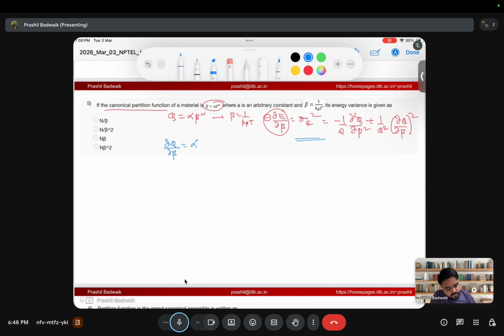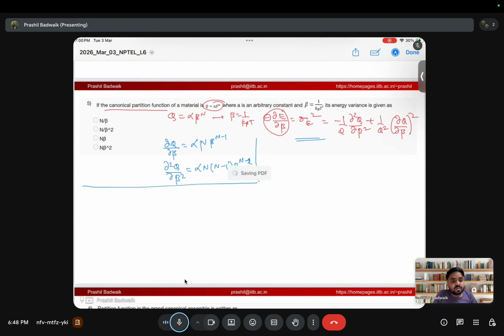Alpha is there, n will come here, beta n minus 1, and del 2q divided by del beta 2 is equal to alpha n minus 1 beta raised to the power n minus 2, correct? You just need to substitute the values here and you are going to get the answer. I am doing it here for you.